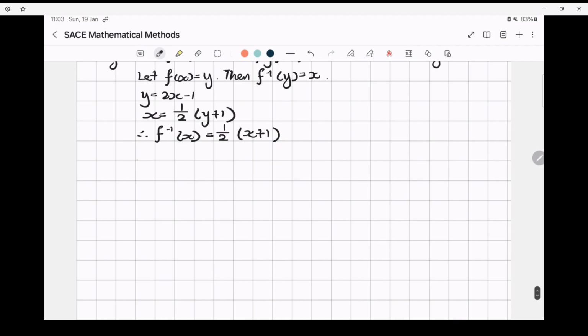The point here is that g of f composite with f inverse will give you g of x.